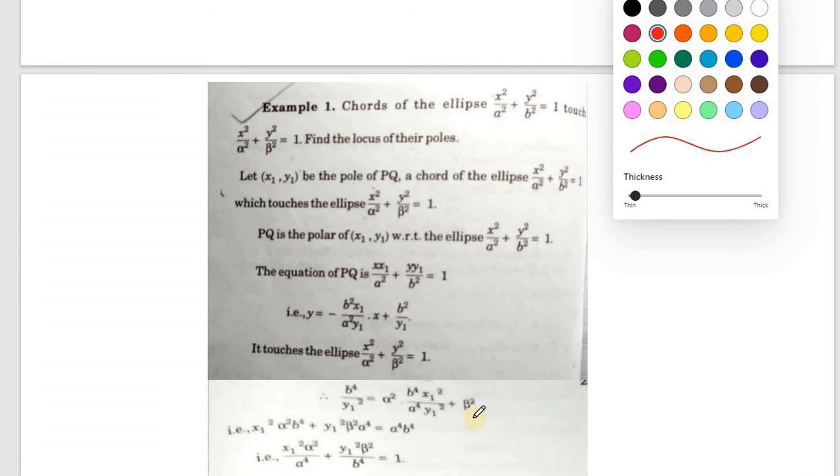So let x1 y1 be the pole, and then the polar is xx1 by a square plus yy1 by b square equal to 1. We write that in the form y is equal to mx plus c. When you rewrite this, you will have y is equal to mx plus c.